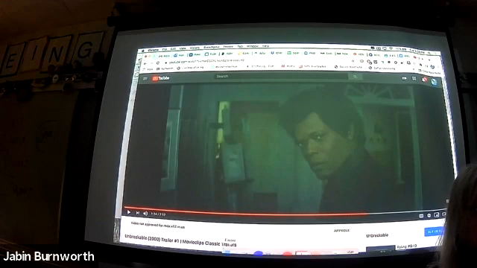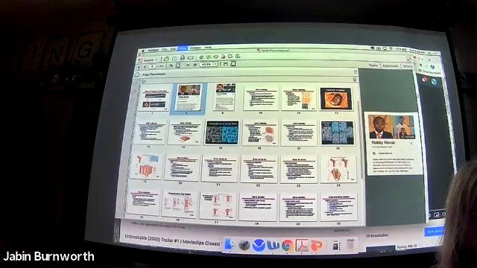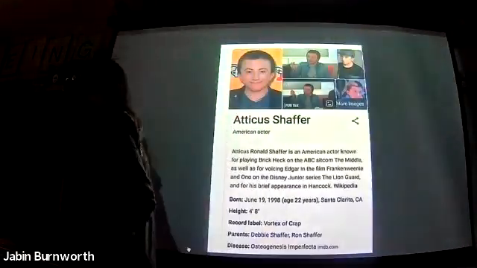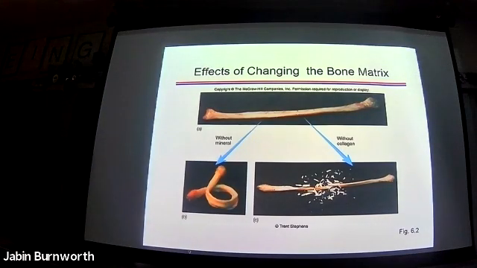So Samuel Jackson's character here, and also Kid President and Brick, all have something in common, in that they have a condition called osteogenesis imperfecta. Now what does that mean?